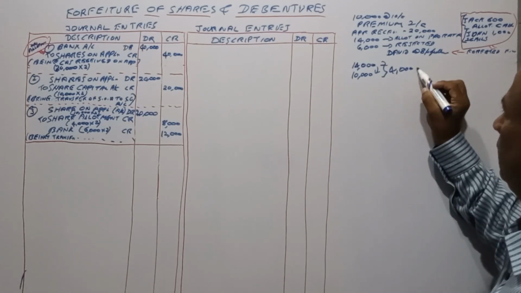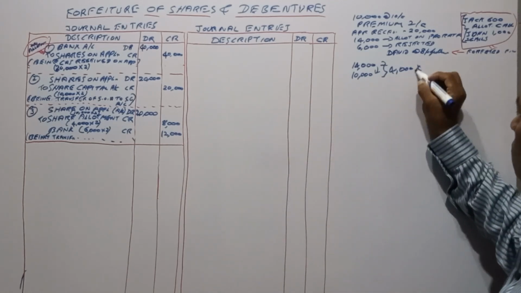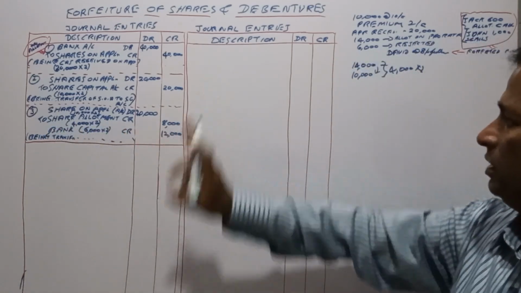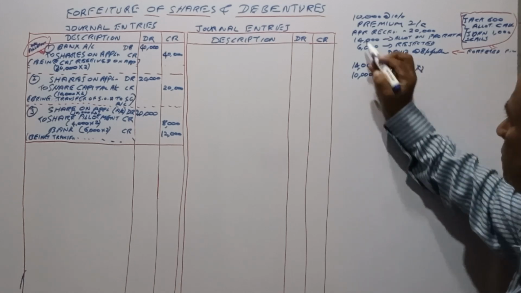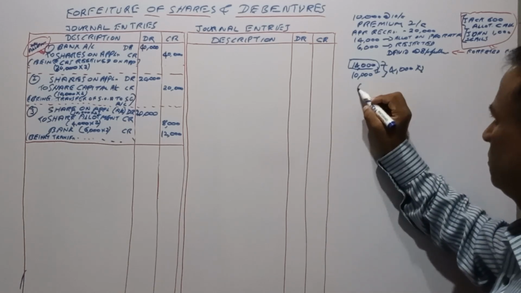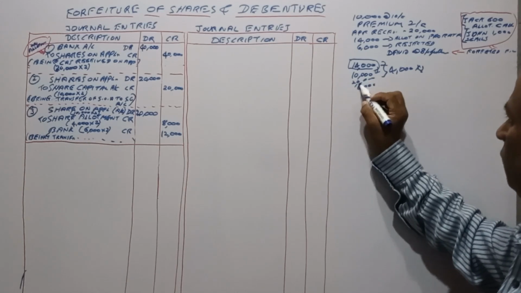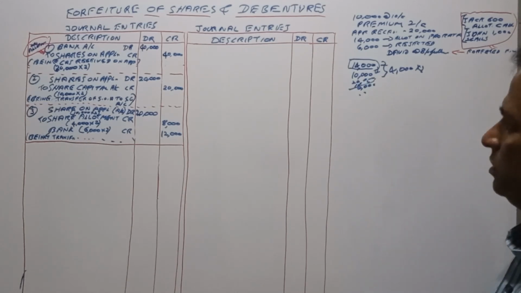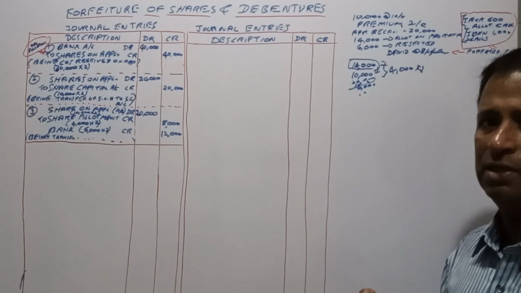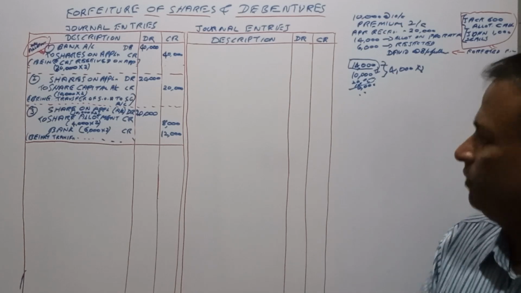This 4,000 only we are transferring to the allotment account. 4,000 into 2, 8,000, share allotment account credit 8,000. The balance 6,000 is, out of 20,000, if you deduct 14,000 you get 6,000. The 6,000 applications we have rejected.